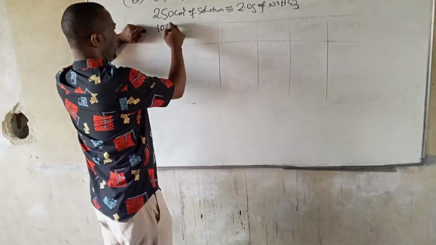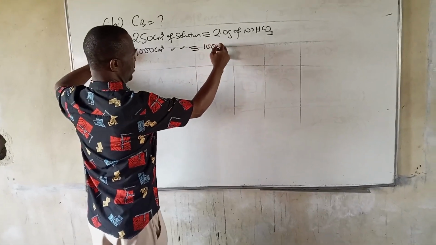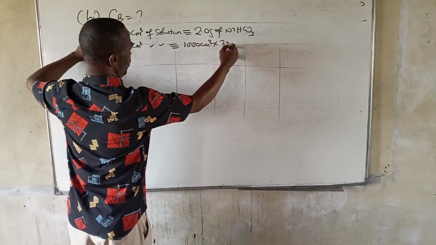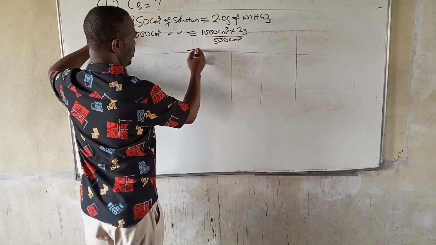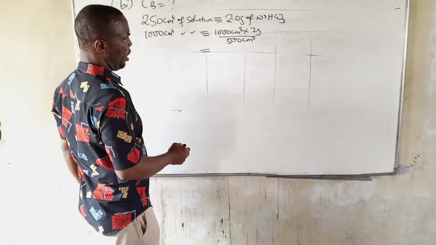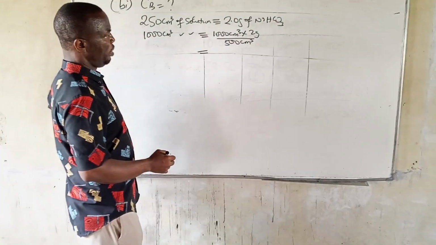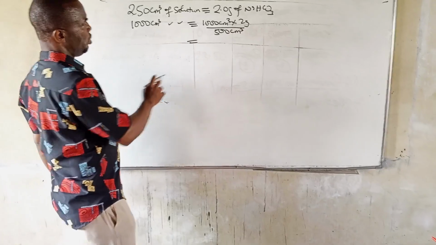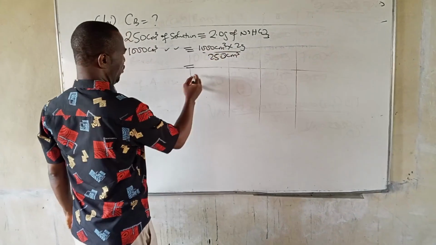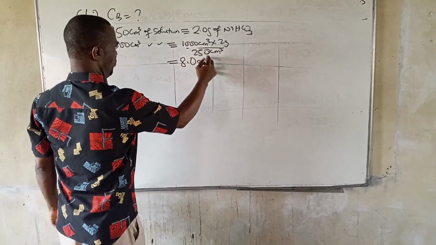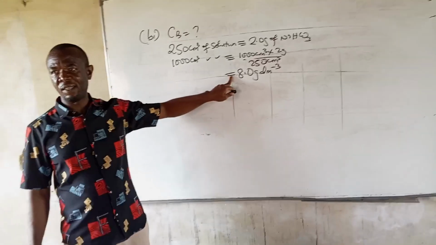So 1000 cm cube, which represents 1 dm cube, will now contain 1000 cm cube times 2 grams all over 250 cm cube. That gives us 8.0 gram per dm cube. So this is the concentration in gram per dm cube, or the mass concentration.